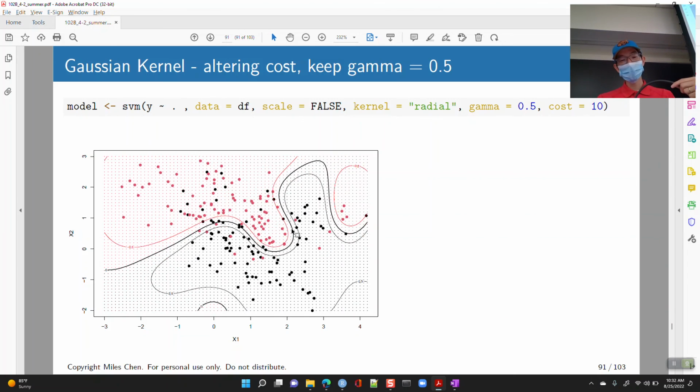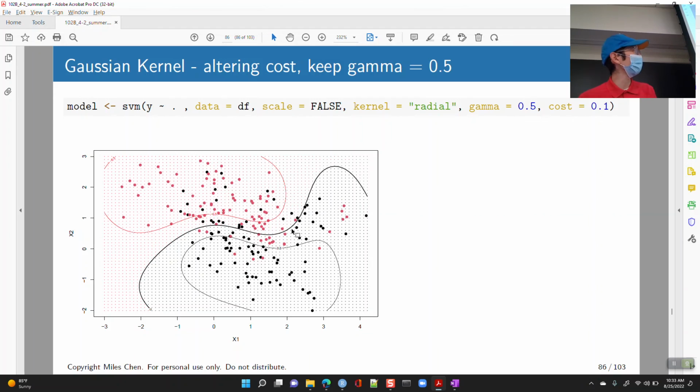Gamma is kept at a lower value, but what we're seeing is that each individual point is able to exert more force on where the boundary is, right? Each point is able to exert a little bit more influence on where the boundary is, whereas over here it's like we're trying to bend this using our pinkies, and how tight of a boundary can you form with this?